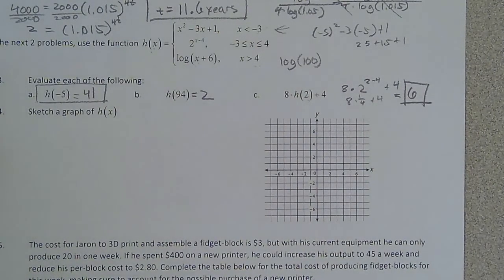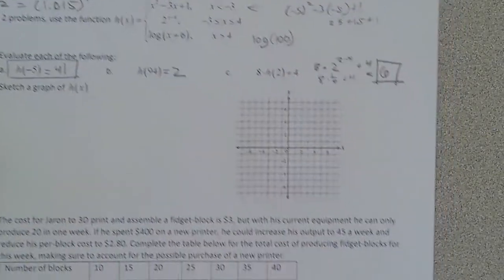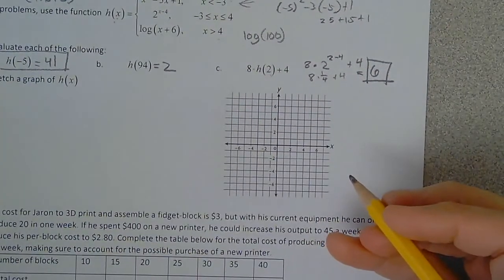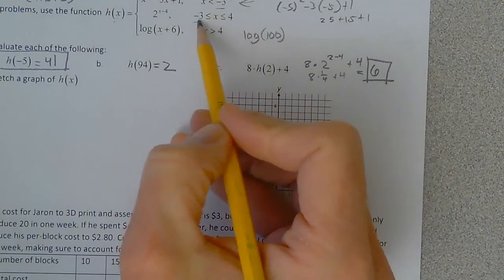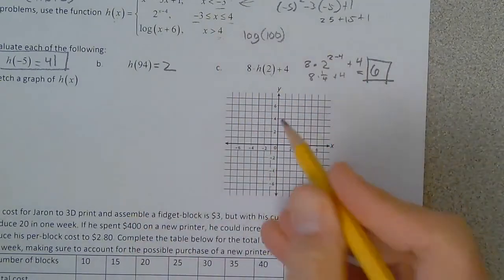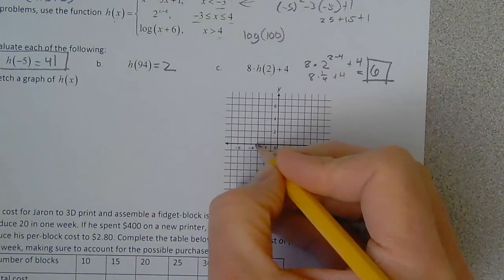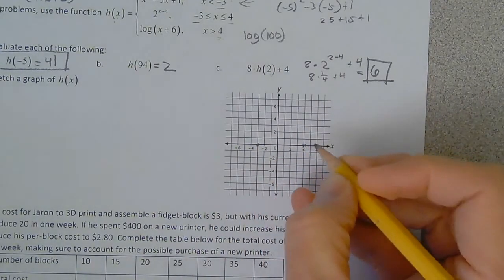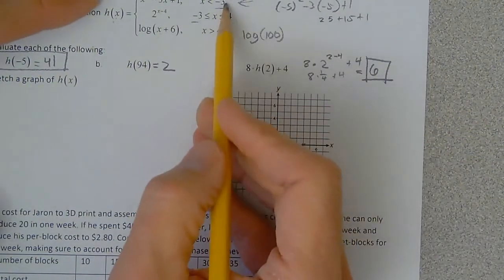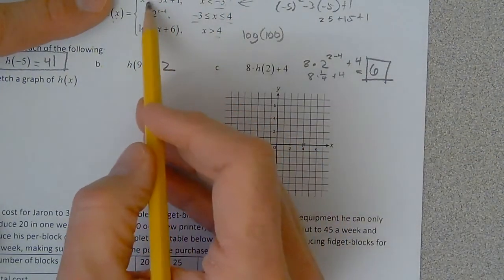All right, what does this graph look like? Well, let's see. The changes are going to happen at -3 and a +4, so those are important points to look at here. -3 and a +4. And this transition, when I put a -3 in, it actually goes into this one.